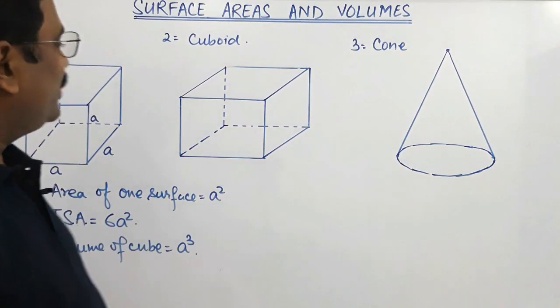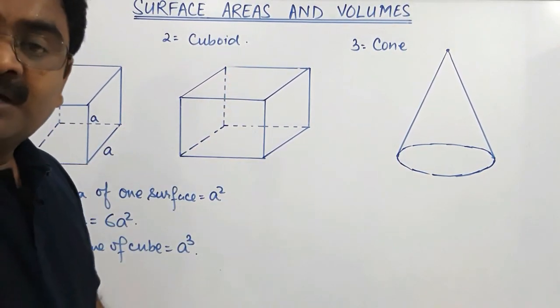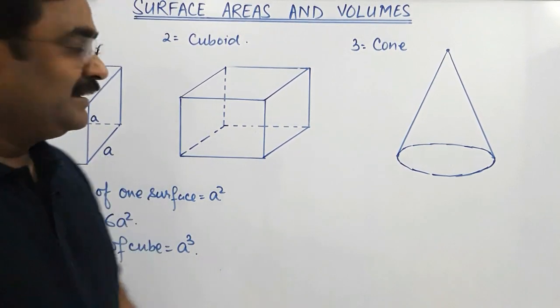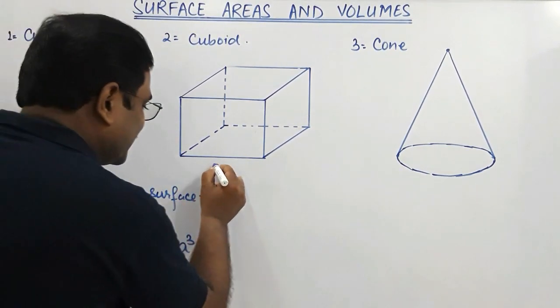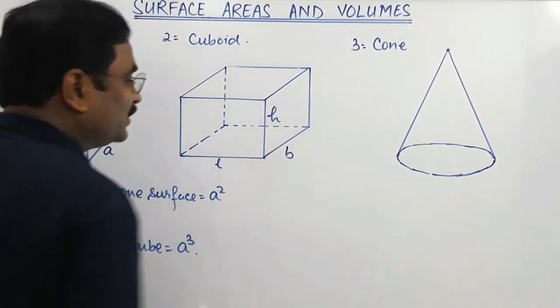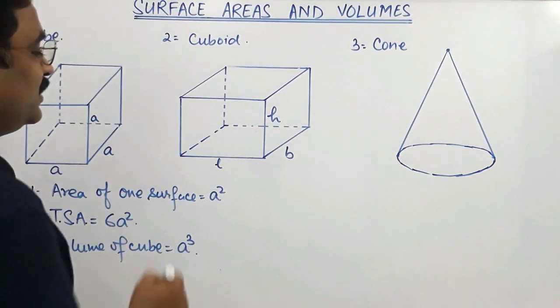Similarly, this is a cuboid. It also has 6 faces and all the faces are rectangles. Say its length is L, breadth is B and height is H, then what will be the total surface area?